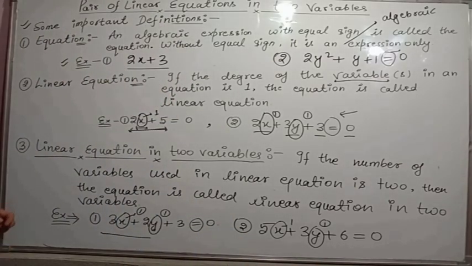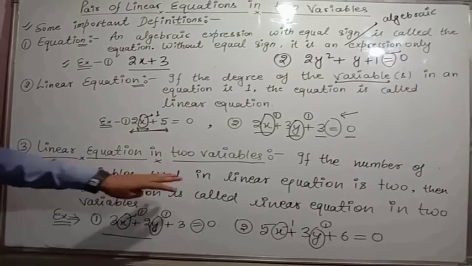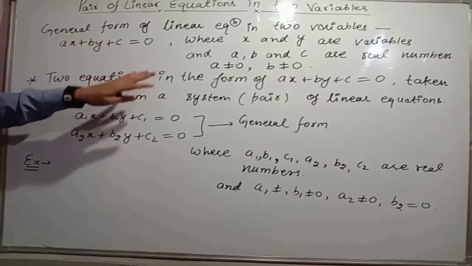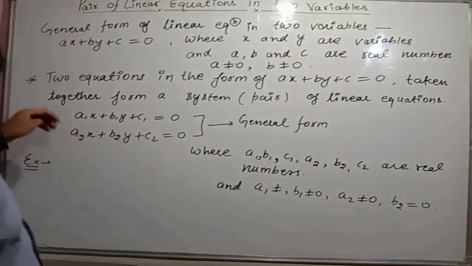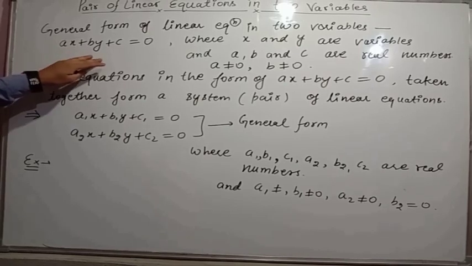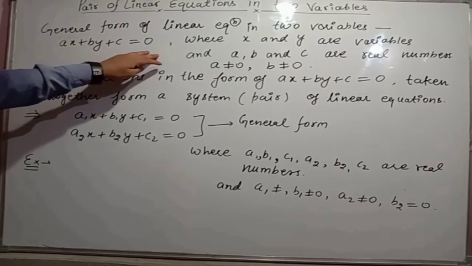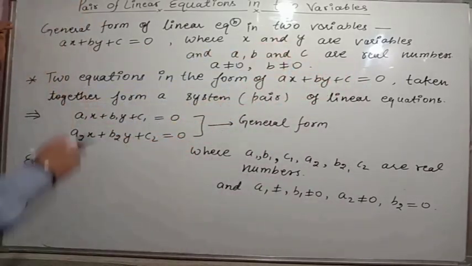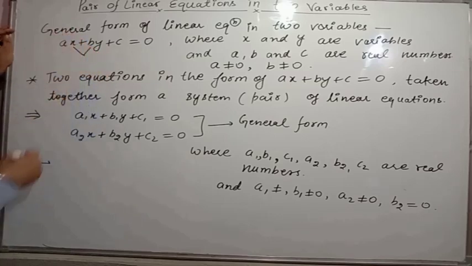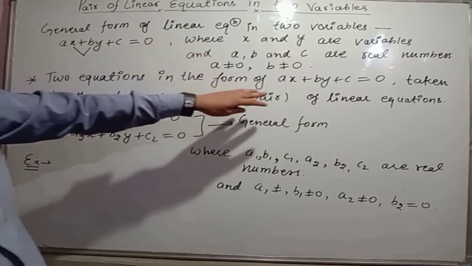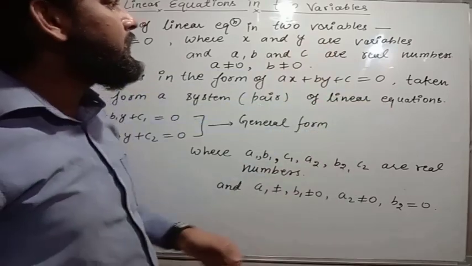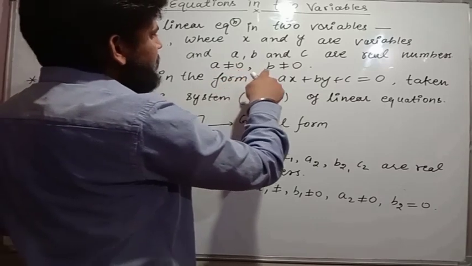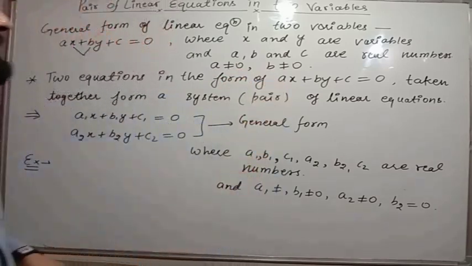Now come to the general form of linear equation in two variables. The general form is ax plus by plus c equals 0, where x and y are variables, and a, b and c are real numbers, and a is not equal to 0 and b is also not equal to 0.